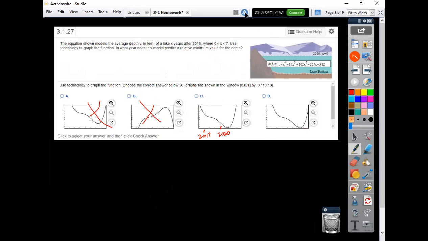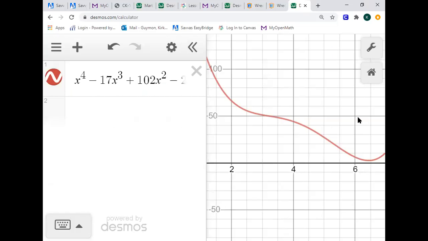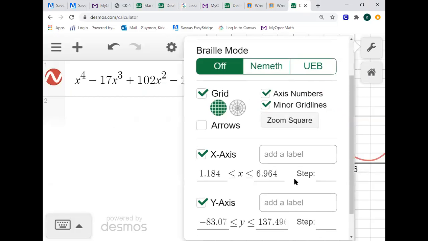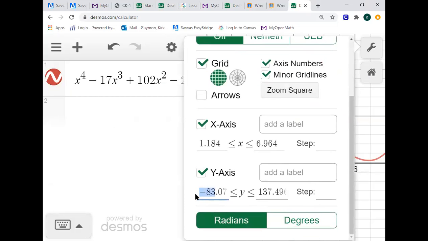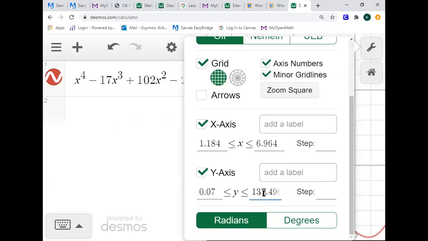So if I go back and we take a look at that, change my y-axis to only go from 0 up to 10, 12, 13, whatever.